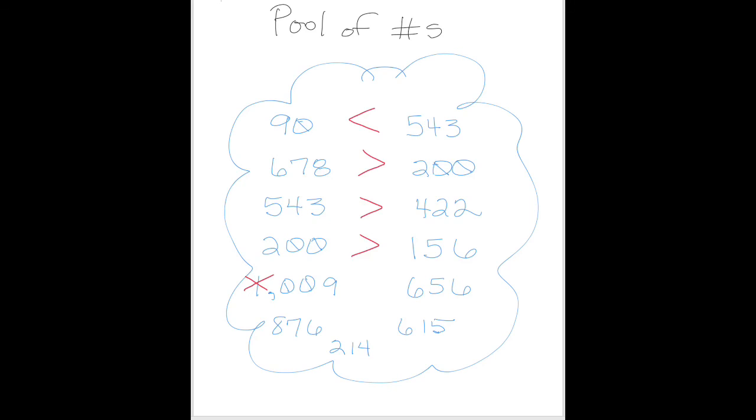And if we left that 10 hundreds out, 9 will be less than 656 because it is a 1-digit number being compared to a 3-digit number. So 9 is less than 656.